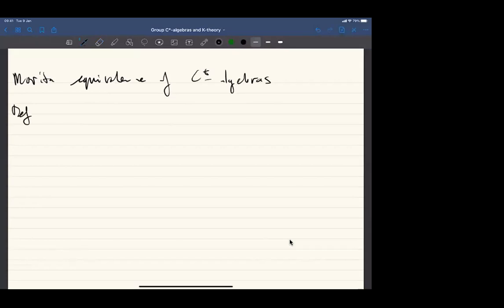So I will define it straight away for you. Let A and B be C-star algebras.